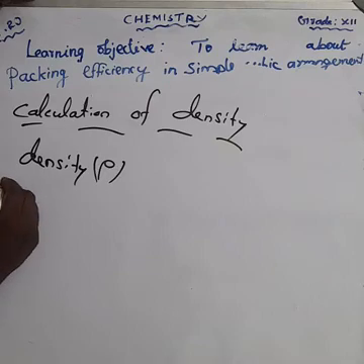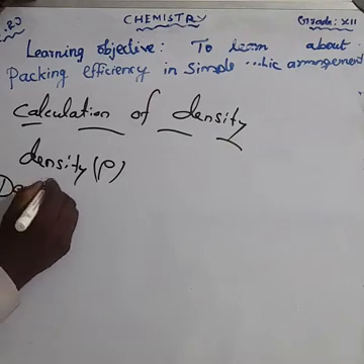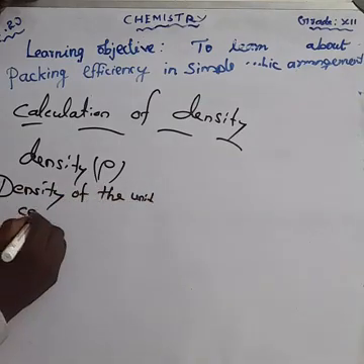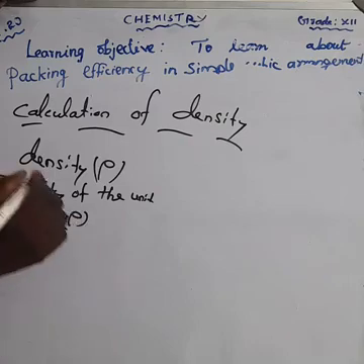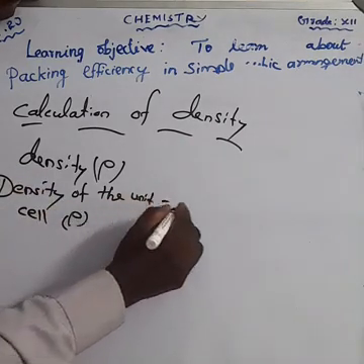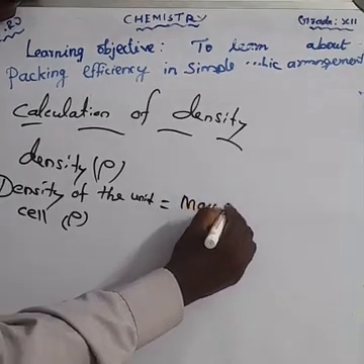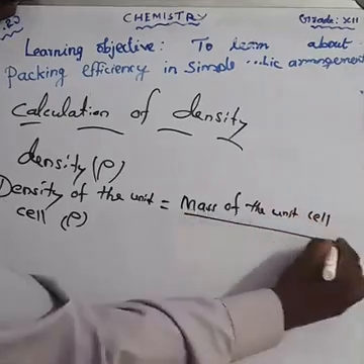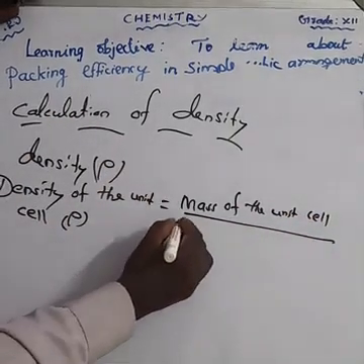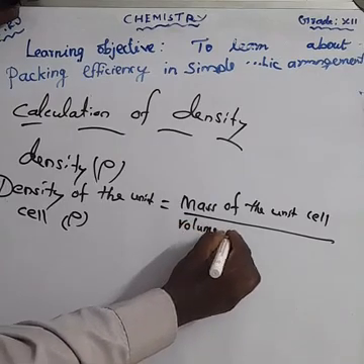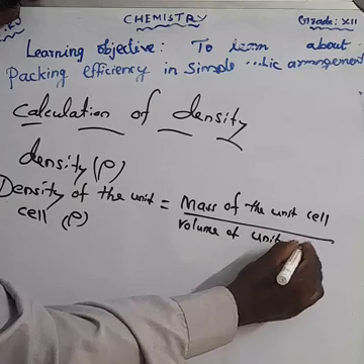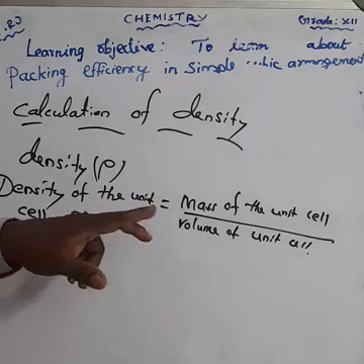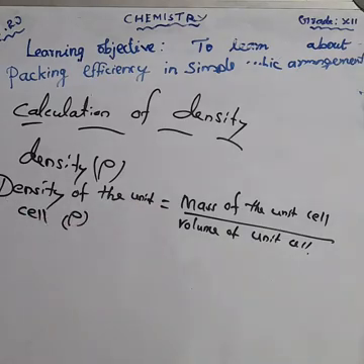The density of the unit cell, rho, is equal to the mass of the unit cell divided by the volume of the unit cell.